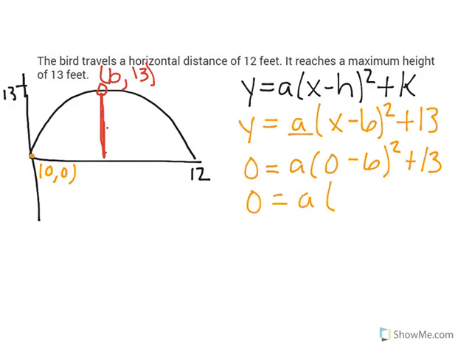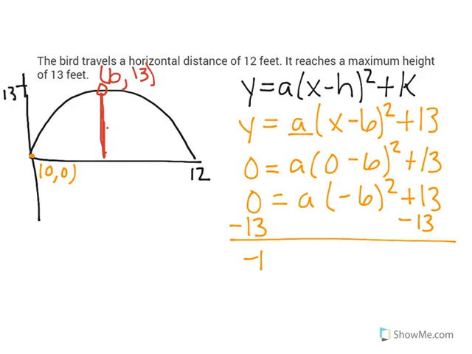So 0 minus 6 is negative 6. And remember, I told you to move that last number over first so that we don't accidentally combine something. Negative 6 squared is positive 36.